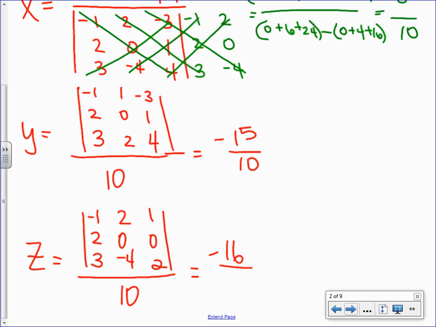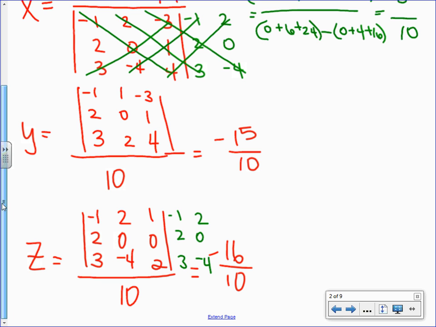Negative 16. Do you agree? Let's talk about your diagonals. Oh, you guys are good now? Okay.